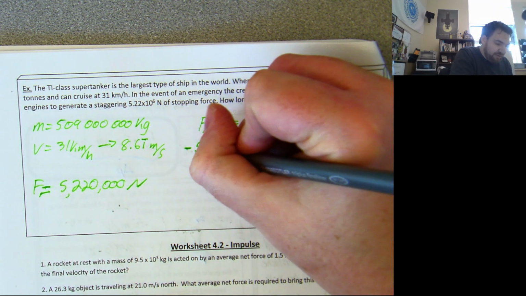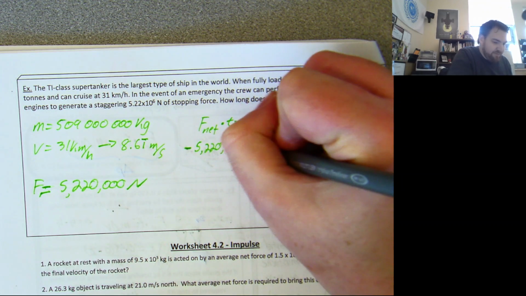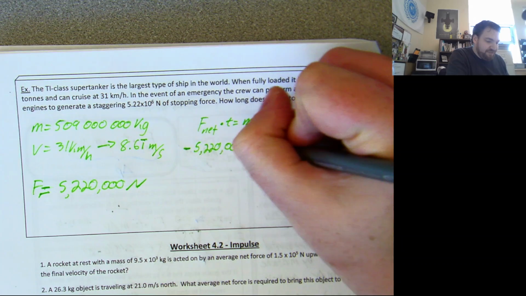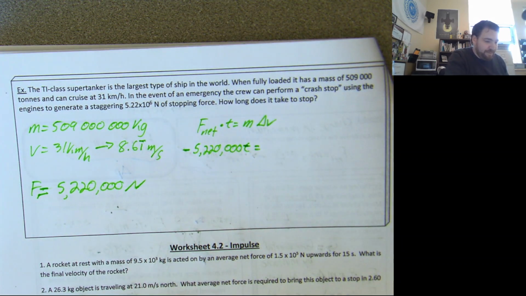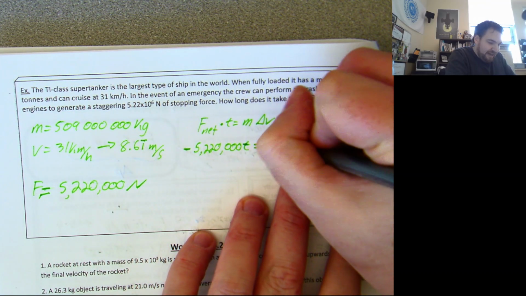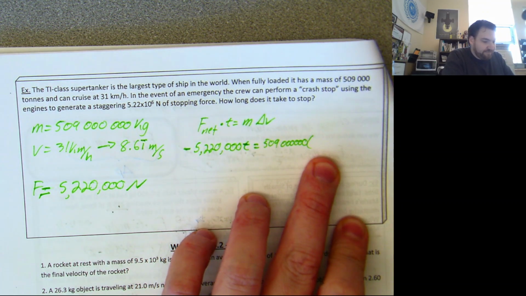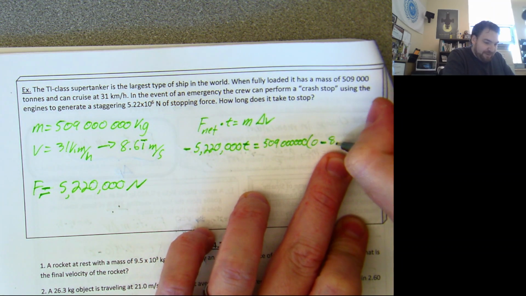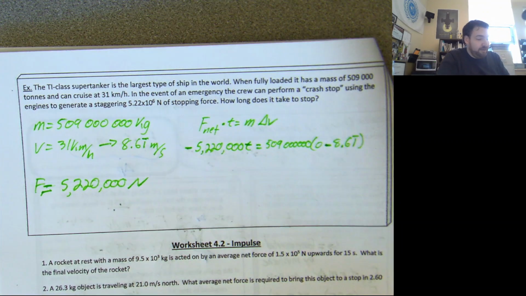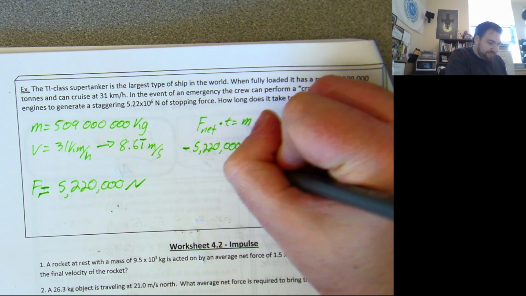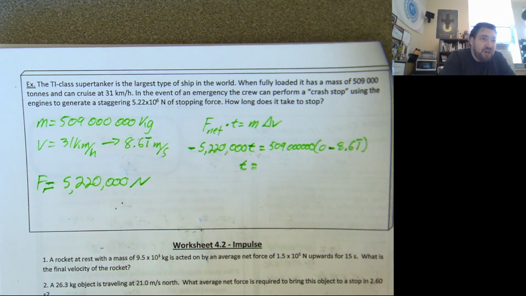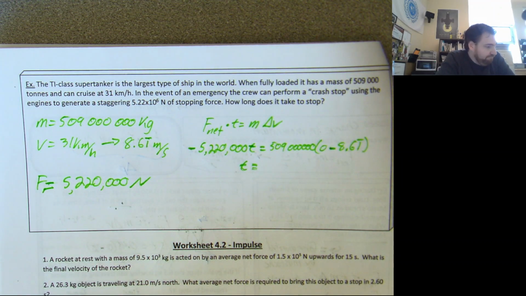Negative 5,220,000 newtons times the time is going to equal your 509 million kilograms. Your final velocity is 0. Your initial velocity was 8.61 repeating meters per second. How much time does it take to bring that ship to a stop? Punch in your calculator, what do you get?